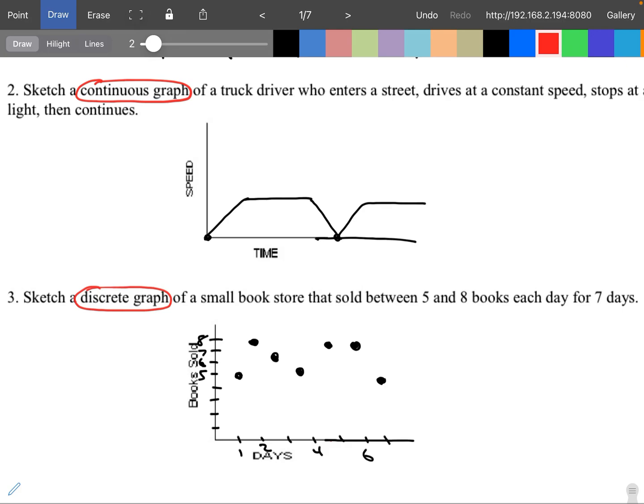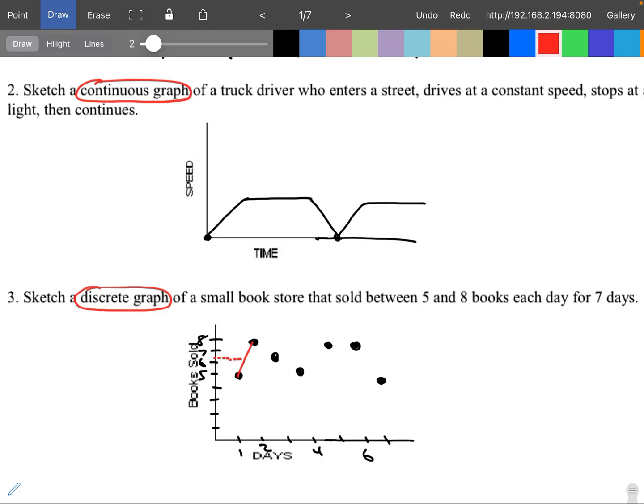Do we connect the dots on this one? No. It said this is a discrete graph, right? So these are separate points. In other words, you can't buy half a book, right? Like you're not going to connect this right here like this.